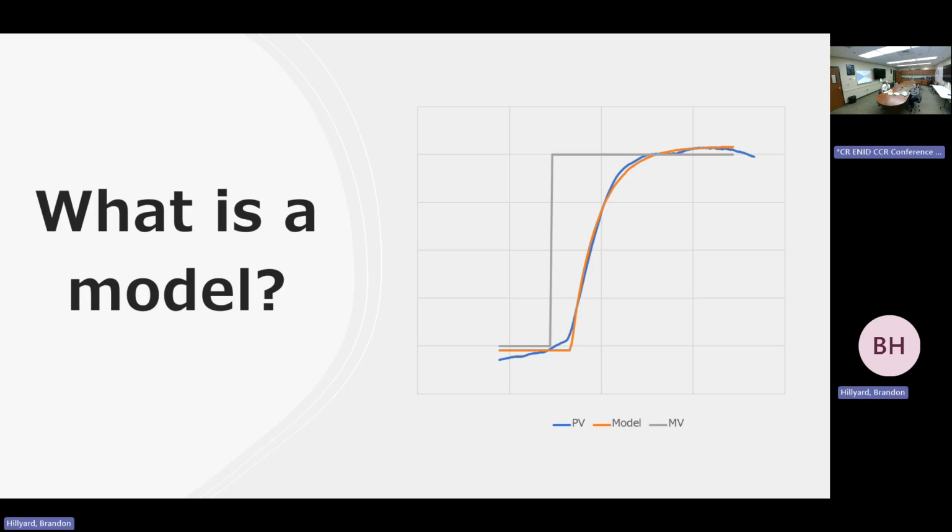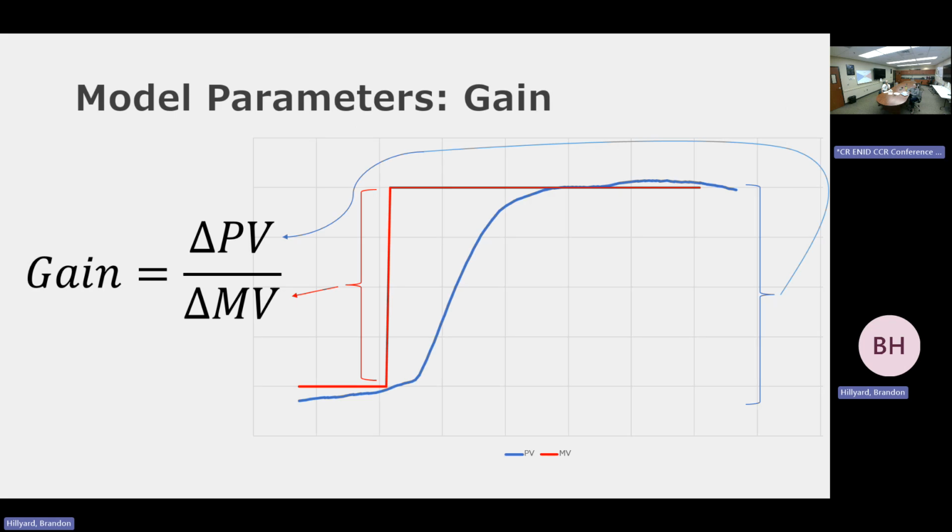In this example, you have your MV or output, and it's stepped up, and then you can see the change on the PV, and then you can model that with certain model parameters, such as the gain. The gain in any model describes that ratio of change. So how much does your PV change for a given MV change?